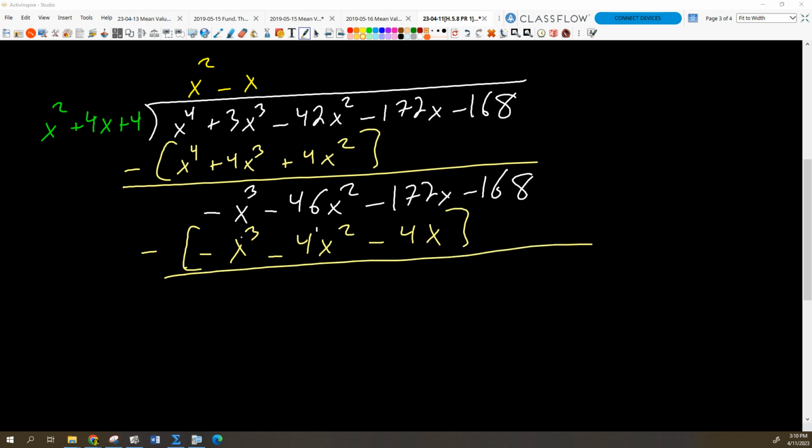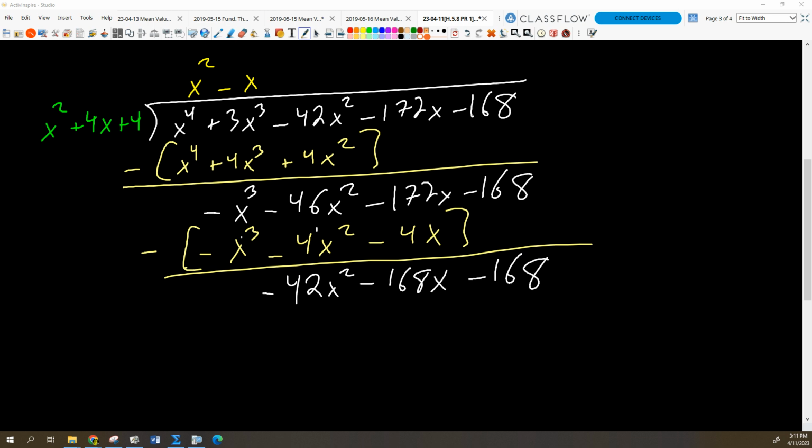Subtract in triangles again. Negative x cubed minus negative x cubed cancels. Now let's look at the x squareds. Negative 46 minus negative 4 is negative 42. Good, because I'm adding. So I get negative 42 of those x squareds. How about the x's? Negative 172 minus negative 4, negative 168.